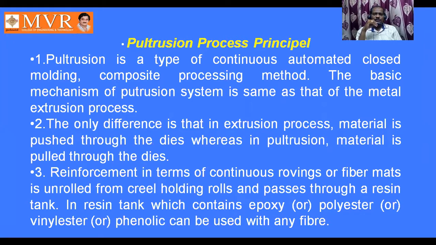Reinforcement in terms of continuous roving or fiber mats is unrolled from holding rolls and passes through a resin tank. The resin tank contains epoxy, polyester, vinyl ester or phenolic, which can be used with any fiber.